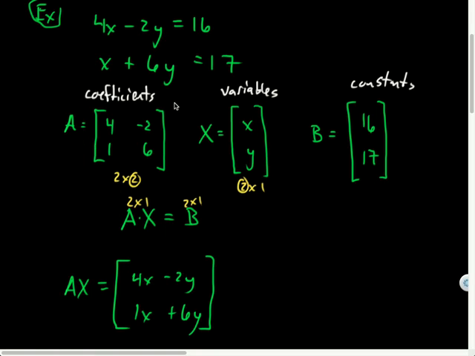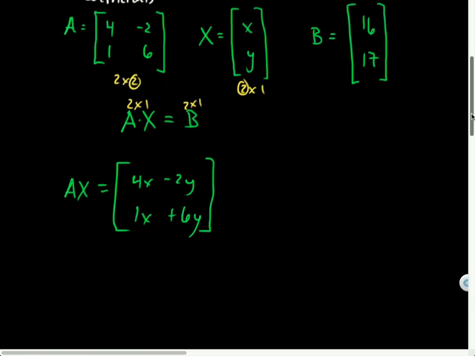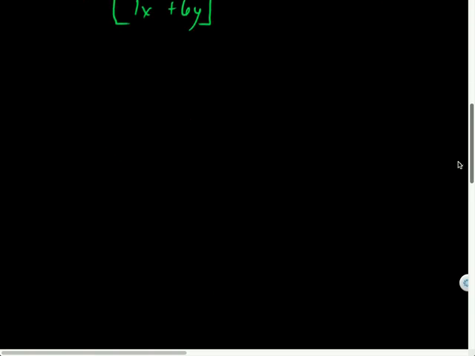Alright, so knowing what matrix A, X, and B are is going to be important. So now I'm going to justify some matrix algebra for us. Okay? And this is a generalized concept for all of these problems. All right. So here's some matrix algebra.